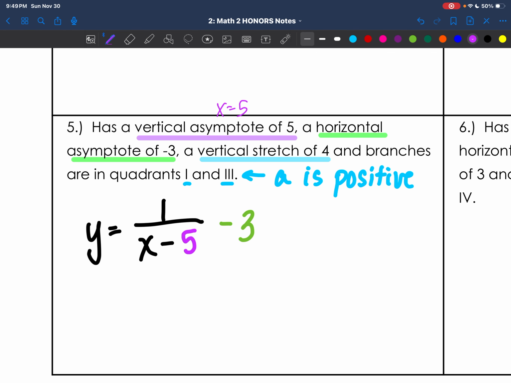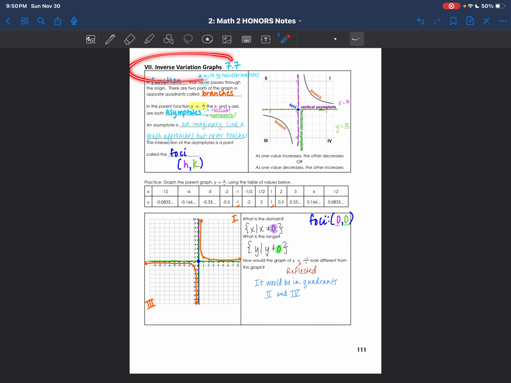So again, once you put it all together, and it's in quadrants 1 and 3, so a is positive. All right, and go ahead and try that one. And I just wrote this down here as a reminder for your formula. Okay, now, this is how you graph inverse variation.